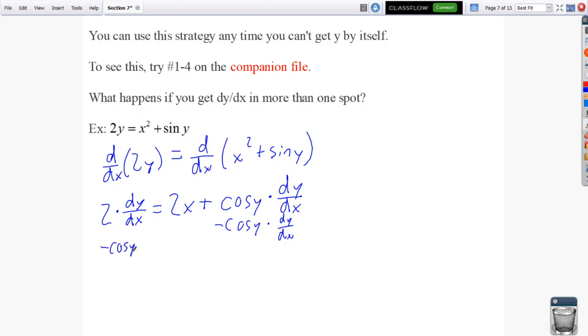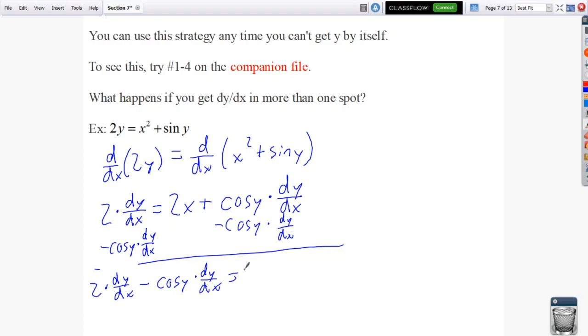And all of a sudden, on the left-hand side, I get 2 times dy dx minus cosine of y times dy dx is equal to just 2x on the other side.